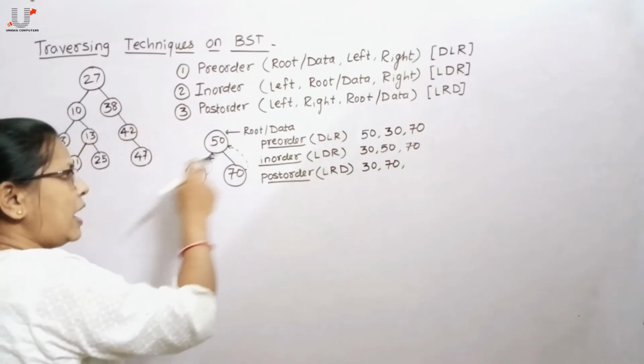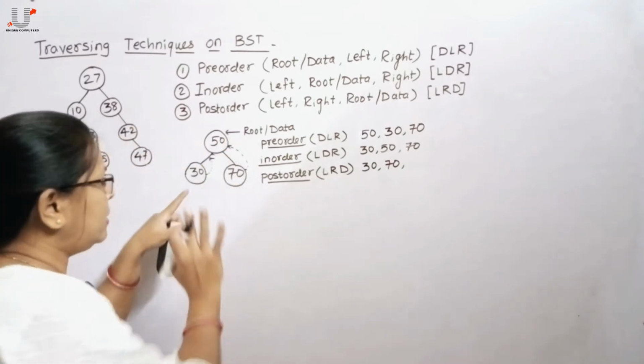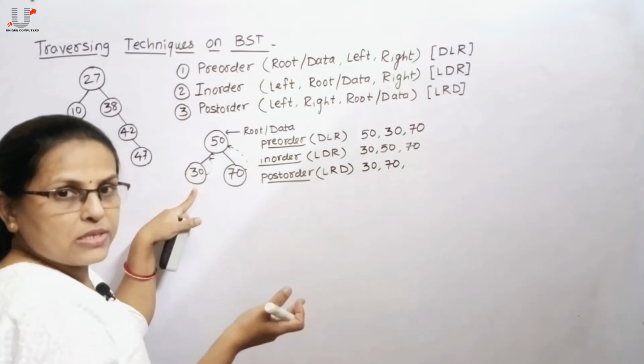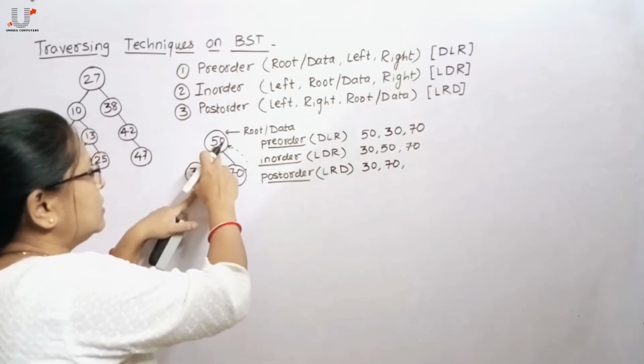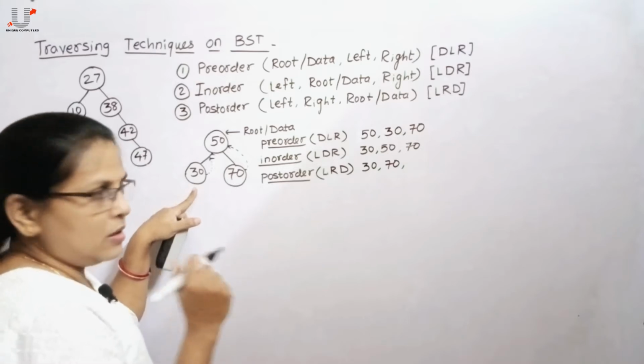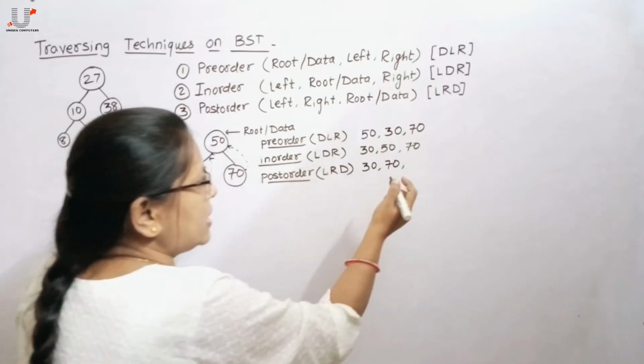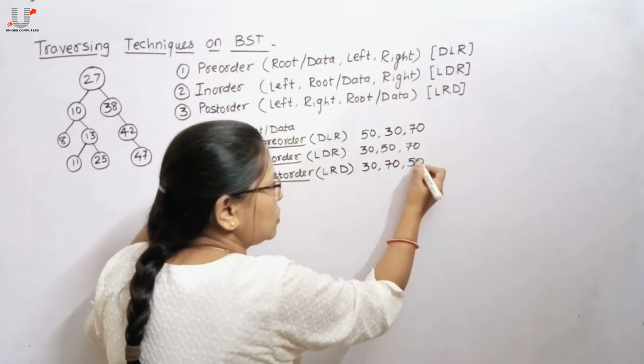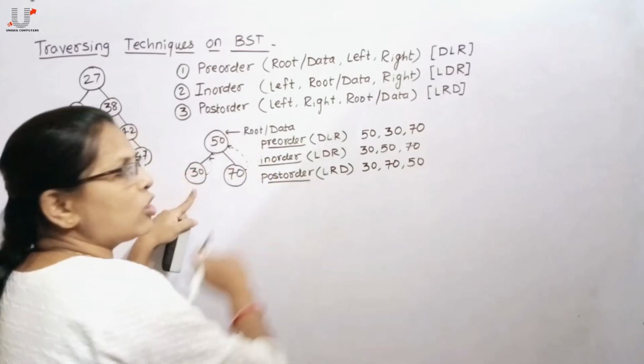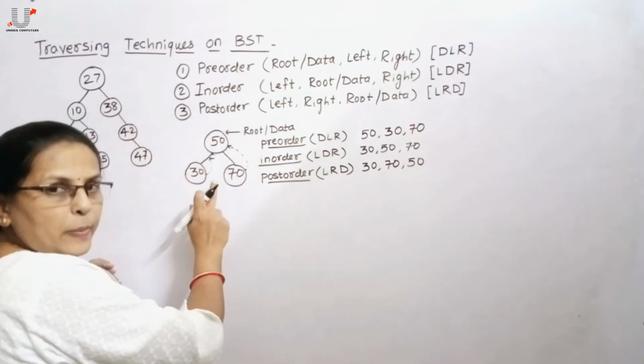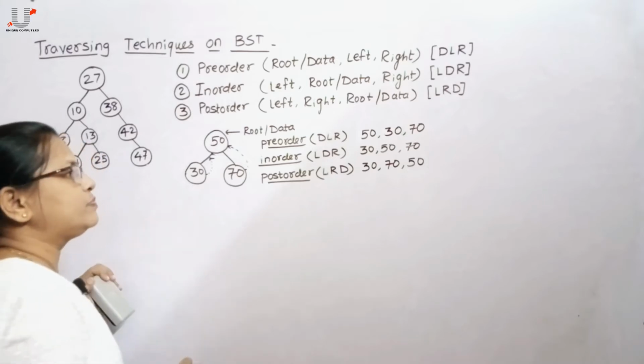As left and right subtrees have already been processed, the 50, that means the data part, gets displayed onto the console. So this is the post-order traversal for this binary search tree.